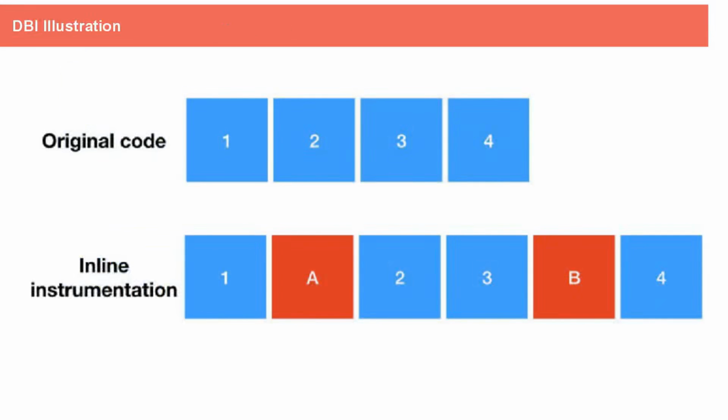Okay, so here's a simple diagram so you can see how the DBI works. We have original code here, like code 1, 2, 3, 4. Now we want to instrument after 1 and after 3, right? So the idea is that we can inject our instrumentation code right after the code we want to instrument.